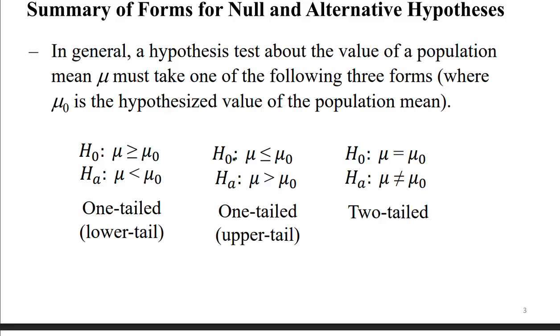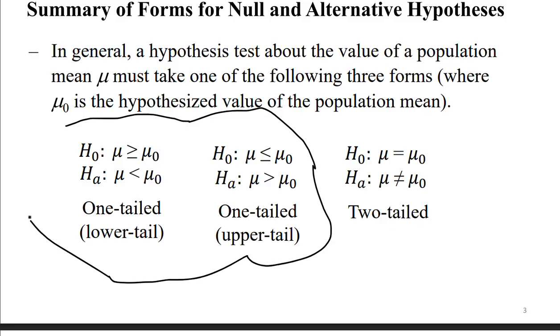If the null hypothesis is that it's less than or equal to a number, our alternative hypothesis will be that it's greater than a number. If the null hypothesis is equal to a number, our alternative will be that it's not equal to a number.